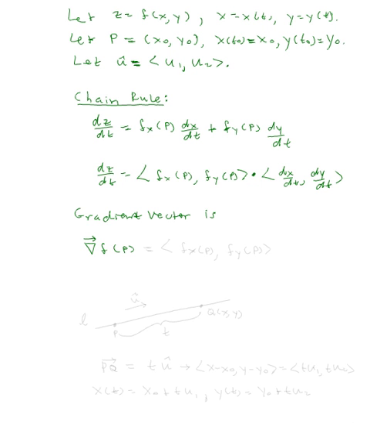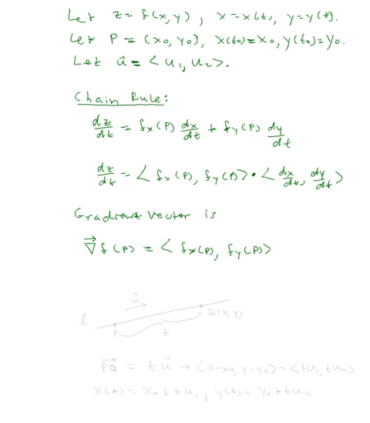So we read this del f of P, and this is defined as the vector with components f sub x at P and f sub y at P. So we take the gradient of the scalar function f and get this thing we call the gradient vector.